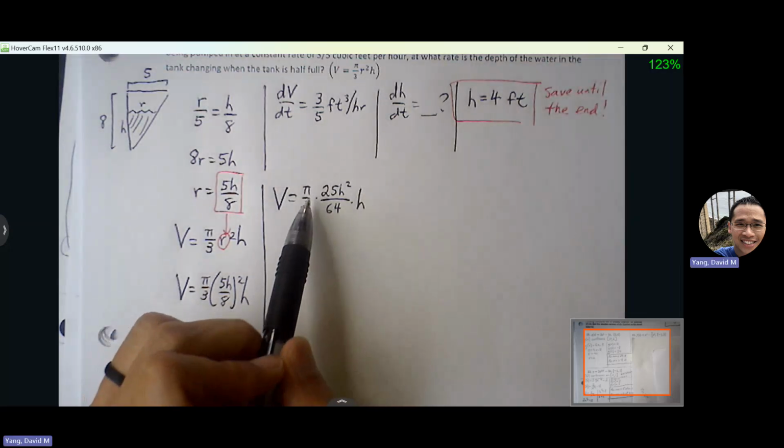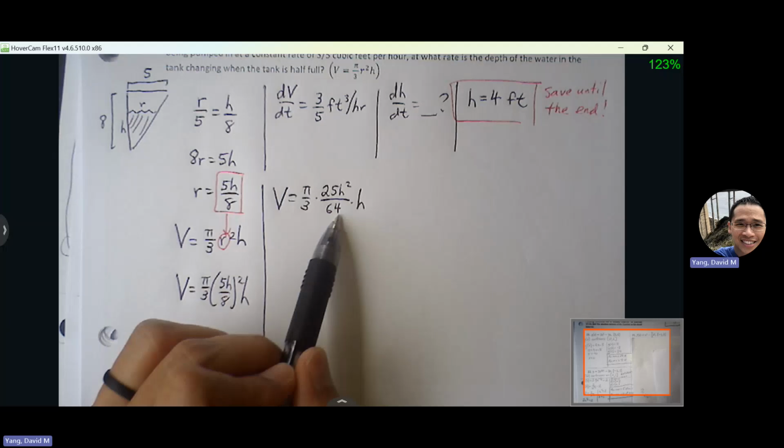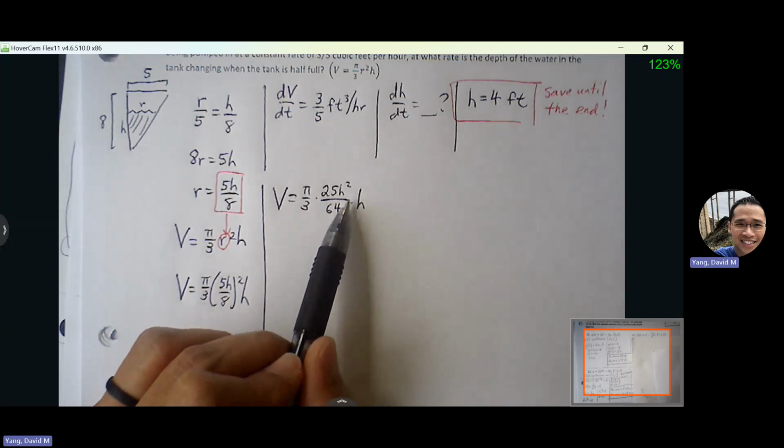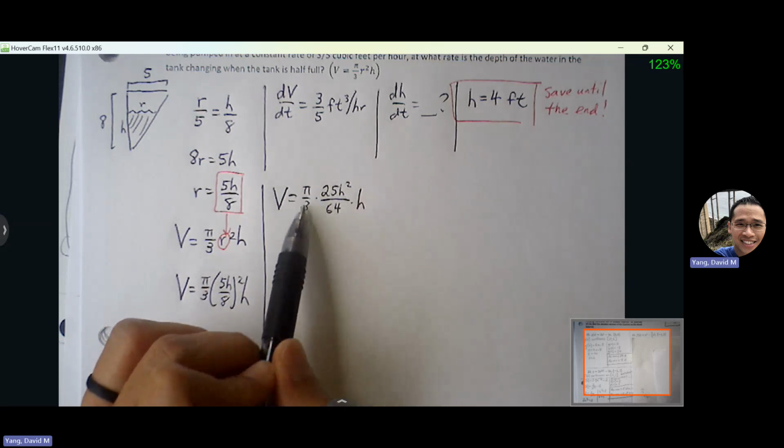I see a lot of students wanting to do the derivative at this stage, but we're not ready for the derivative yet, at least not relying on just power rule. So spend the time. You've got to get your h's to come together, get your coefficients to come together.